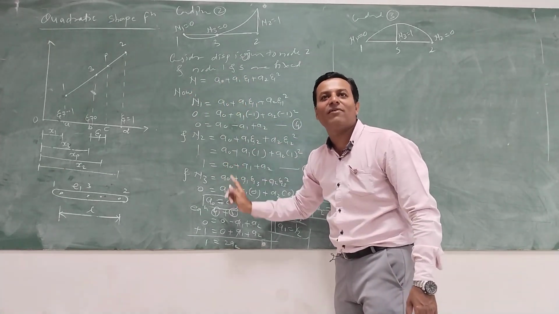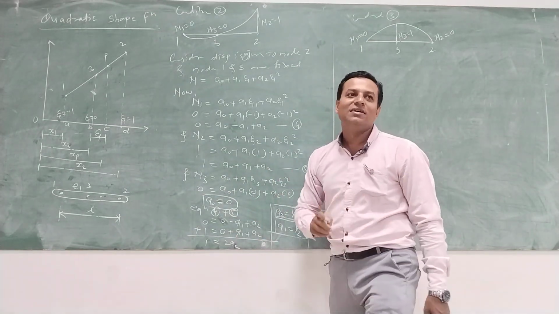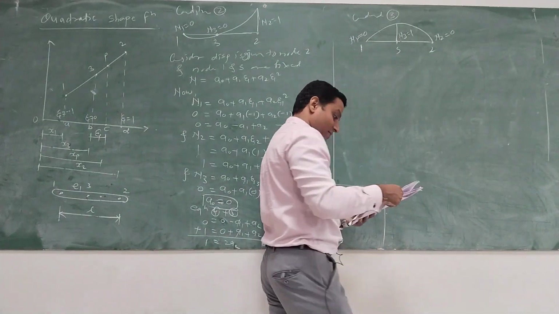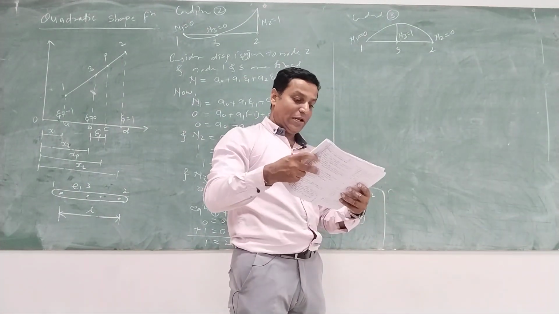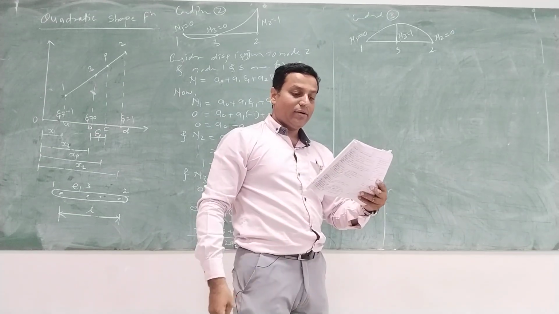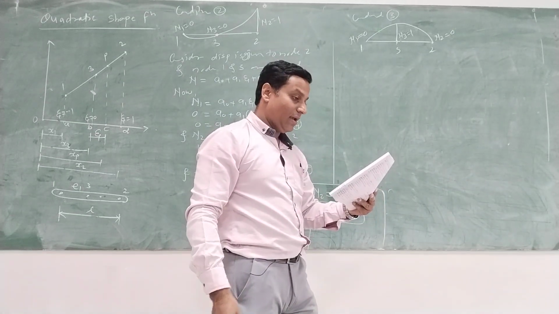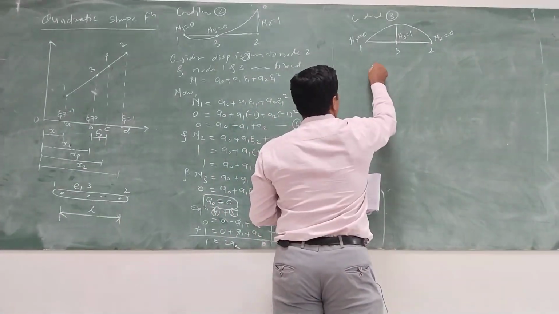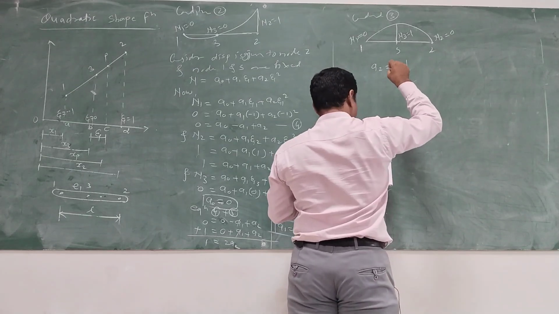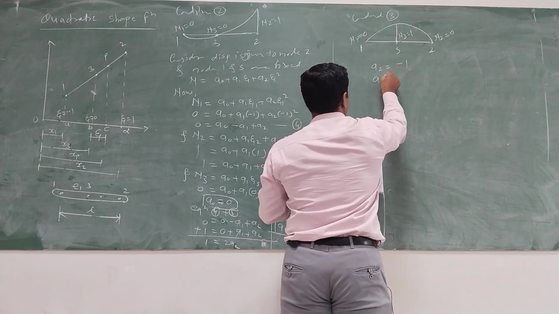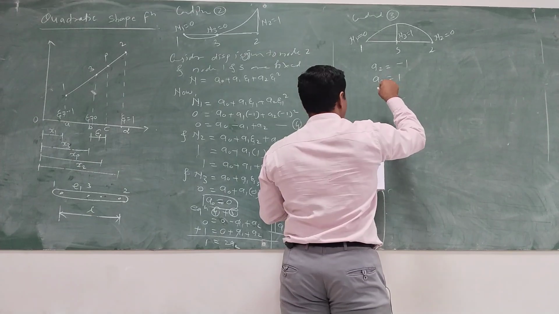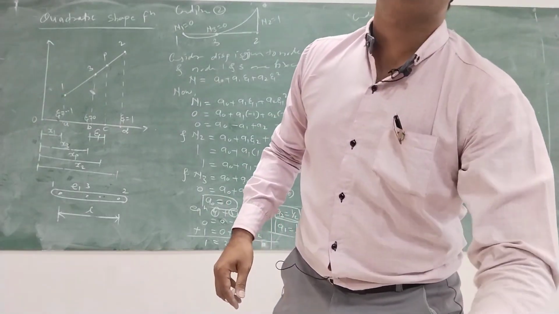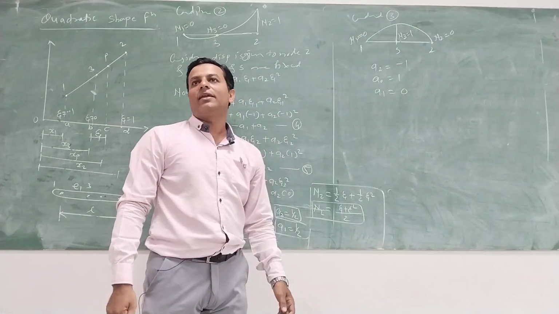Again you will get 3 equations, and if you solve these 3 equations, then you will get the values of a0, a1 and a2. a2 will be equal to -1, a0 will be equal to +1, and a1 will be equal to 0. These 3 values you are going to get after solving 3 equations.